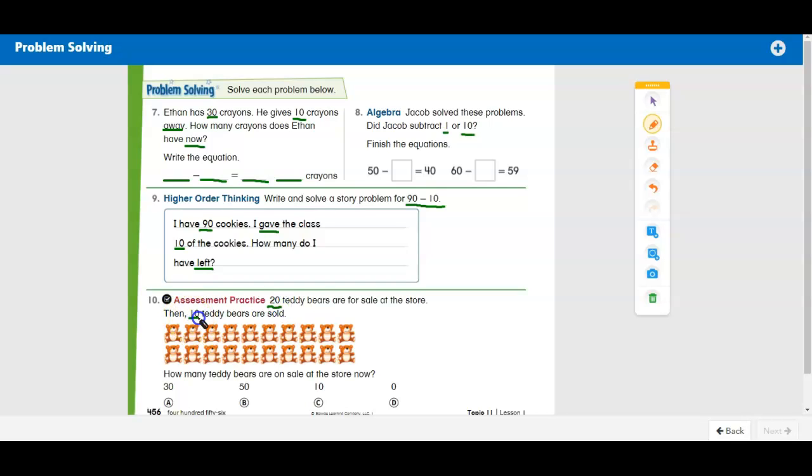Now 10 of them have been sold. You can cross out the teddy bears if needed to find out how many are at the store now. Is it 30, 50, 10, or 0? Fill in your answer choice below to tell how many teddy bears are left at the store.